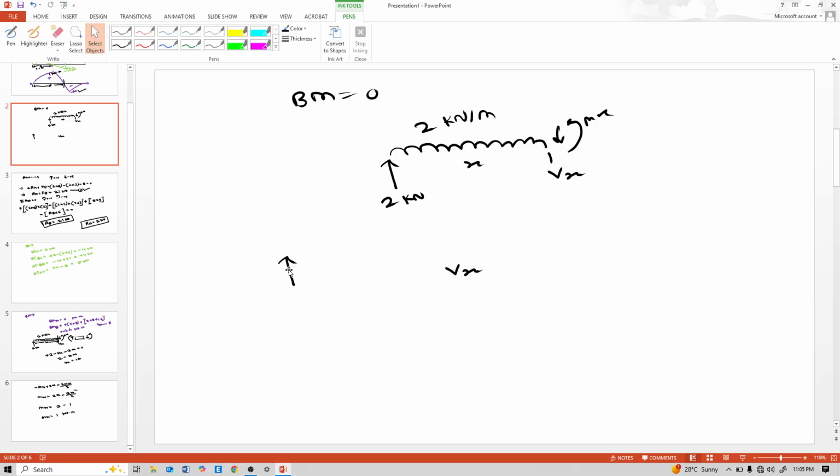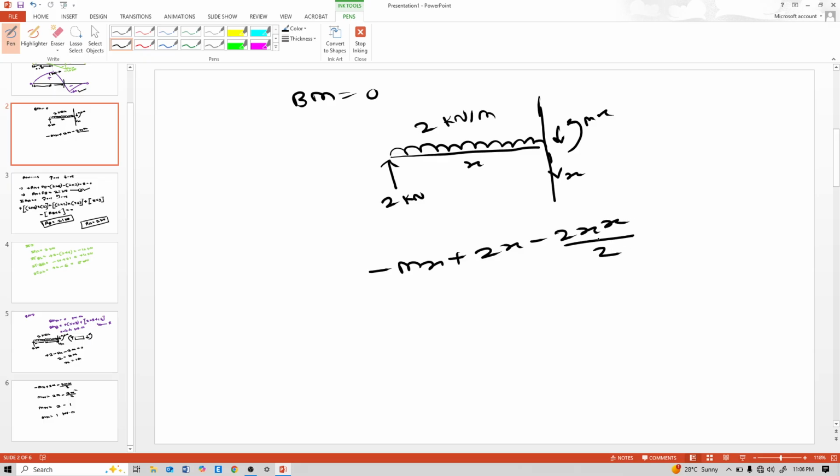Where the point of contraflexure occurs, there bending moment is 0. Consider the point of contraflexure occurs here, this space. So take moment at this space. This Mx is minus Mx because it is anti-clockwise, plus 2x minus 2x into x by 2, and Mx is 0.